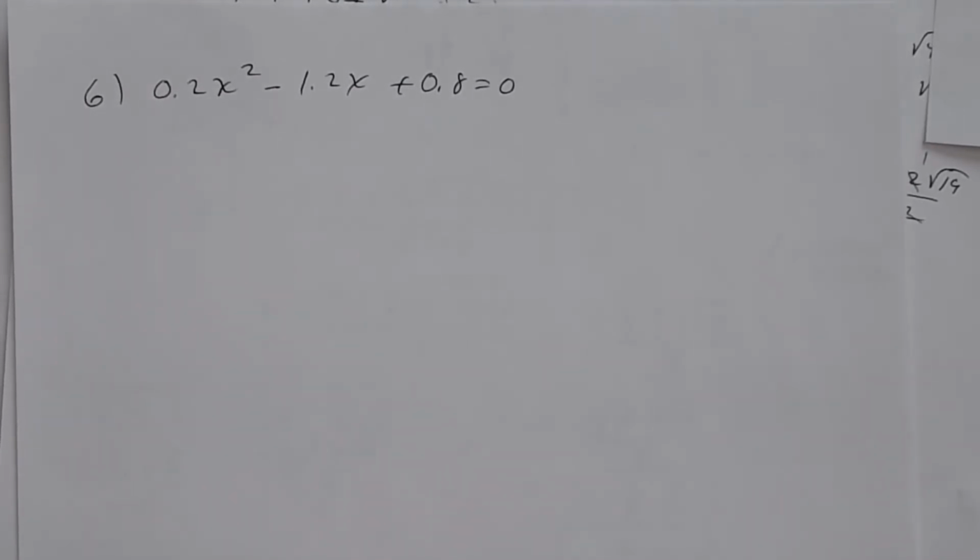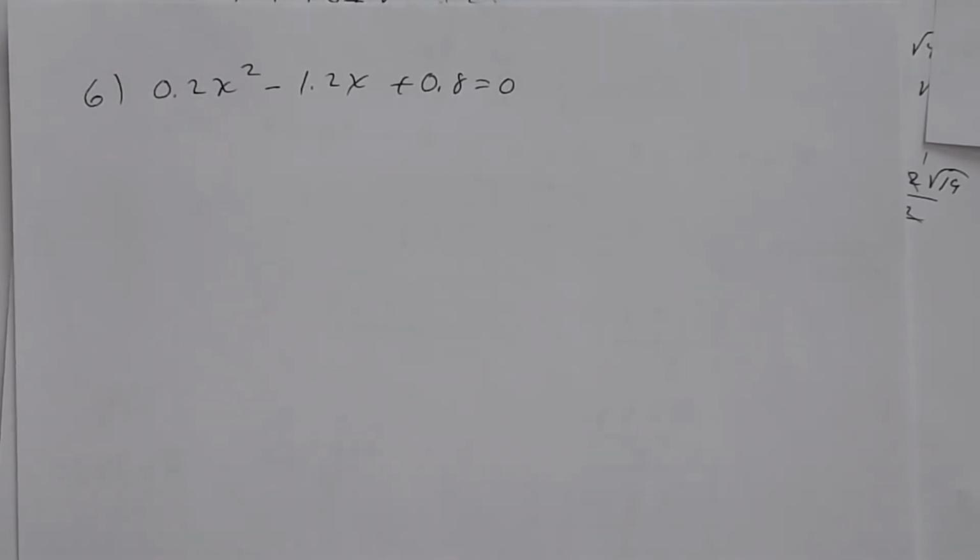Now, A, B, and C are real numbers, but are they integers? If you want to use the quadratic formula to make things easy on yourself, you need to make sure that A, B, and C are integers. Those are not integers. All right, so what we've got to do is somehow get those to be integers. That's what we need to do.